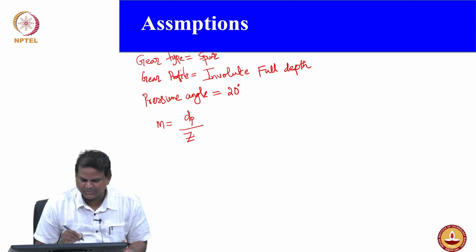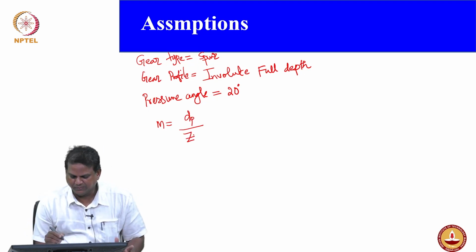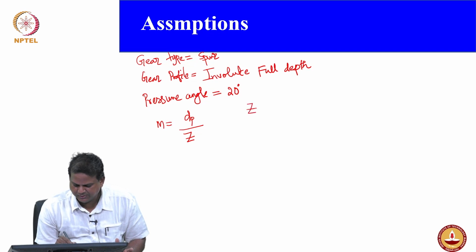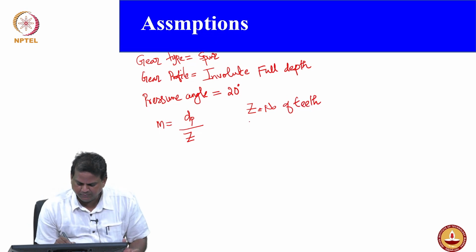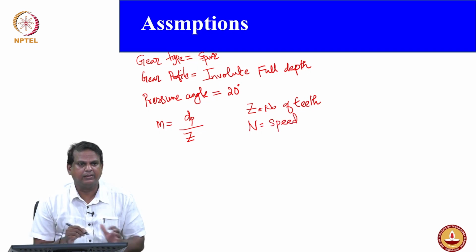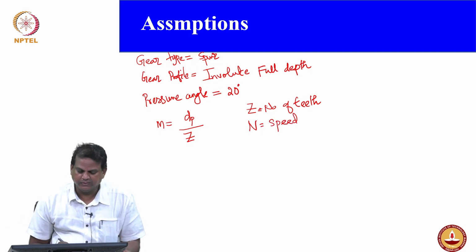I will use z as the number of teeth, and n we use as the speed in RPM. These are the notations we are going to use in the entire coursework.